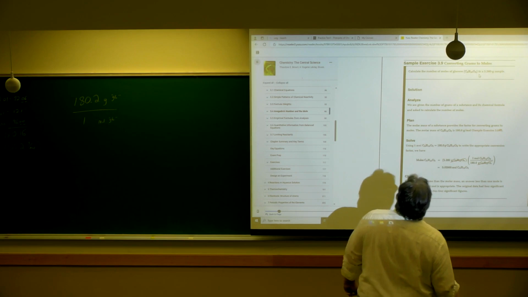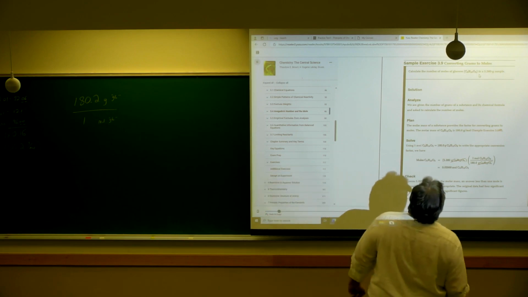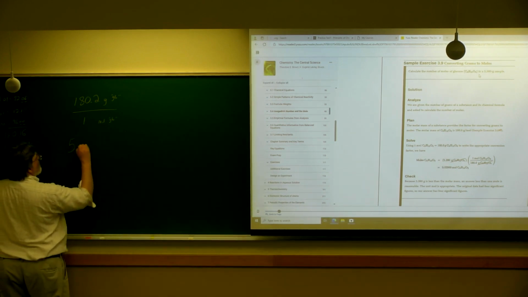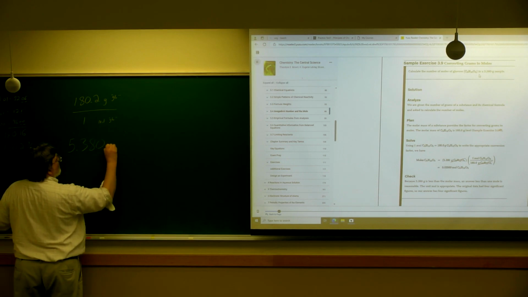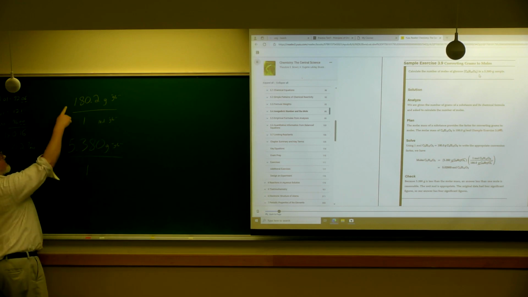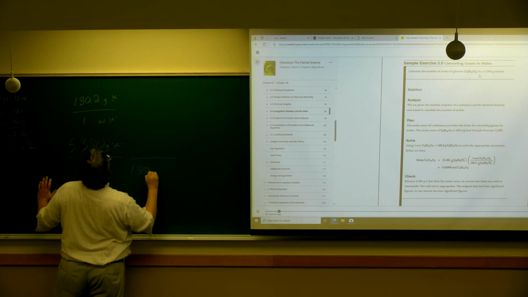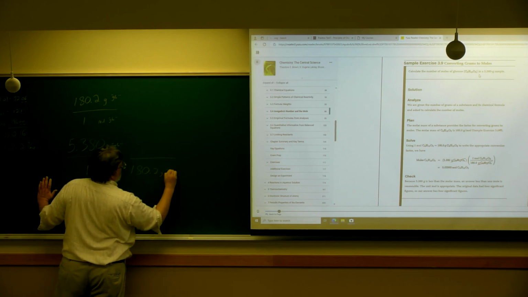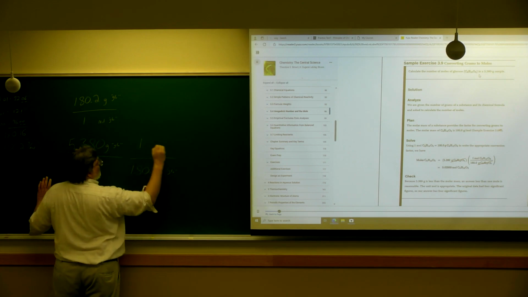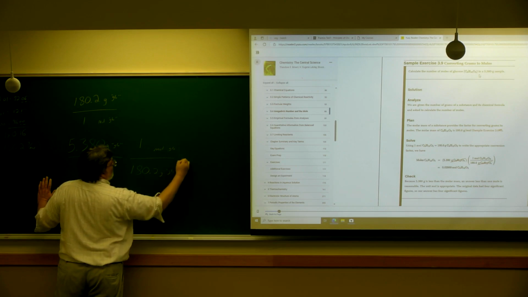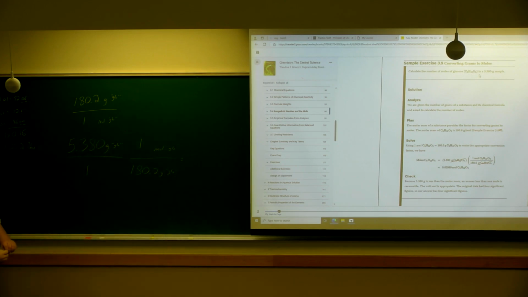Calculate the number of moles of glucose, 5.380 grams. Keep my label. I need grams on the bottom, so that's going to be on the bottom. So if you crunch that out, that'll tell you how many moles.